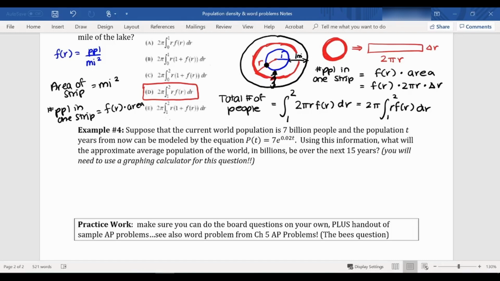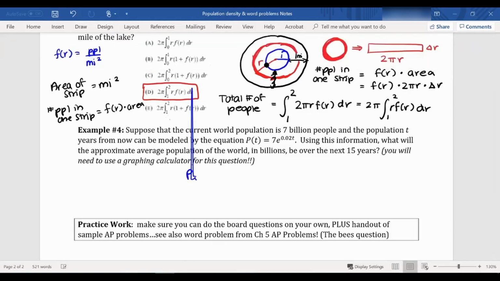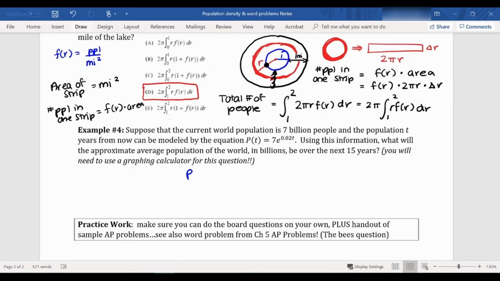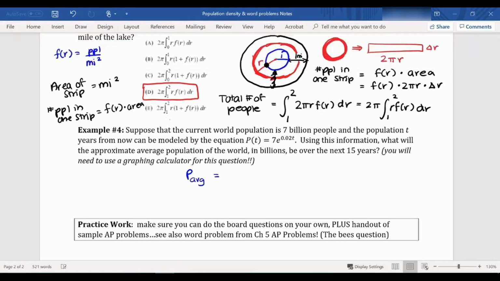So if we want to find an average, we know that p average is going to be 1 over 15 minus 0, because we're going from now until 15 years from now.